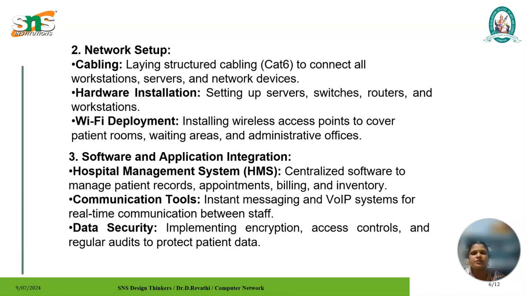They used Cat6 cable to connect all the workstations, servers, and network devices. They installed hardware like servers, switches, routers, and workstations. Wi-Fi was also deployed in all the rooms, such as patient rooms, waiting areas, and the administrative office.